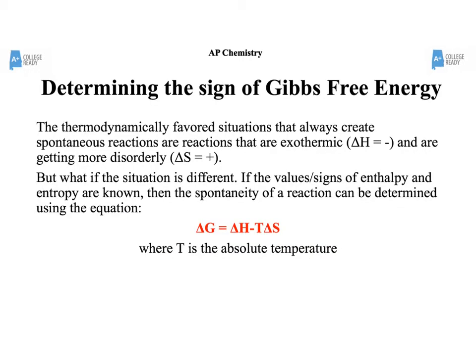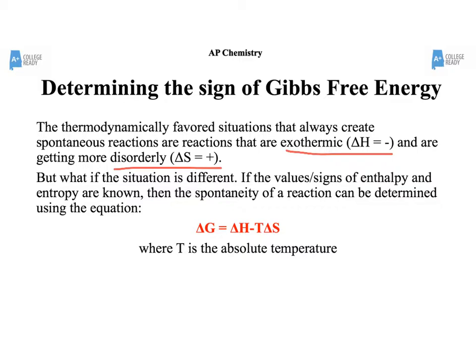So how do we know if a reaction is thermodynamically favored using Gibbs free energy? Well, we're going to look at a couple of things. The ones that are always thermodynamically favored are exothermic and are getting more disorderly.